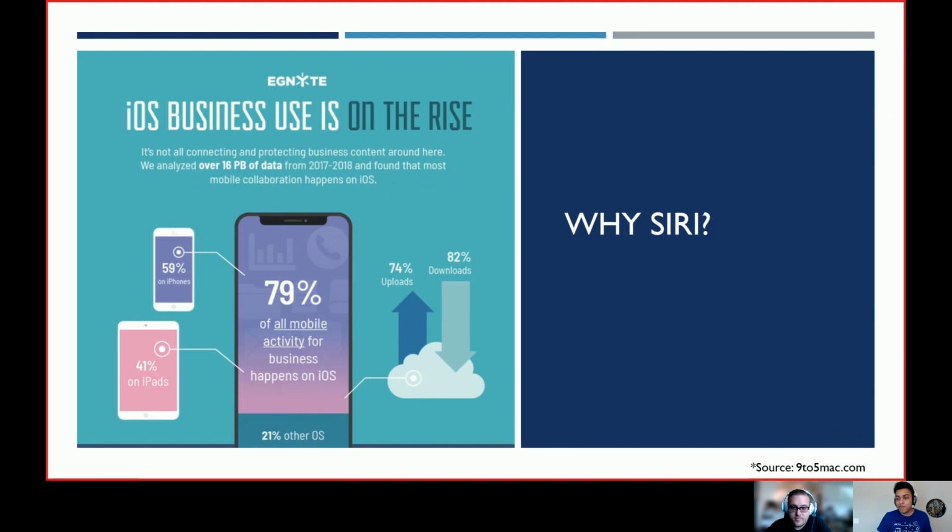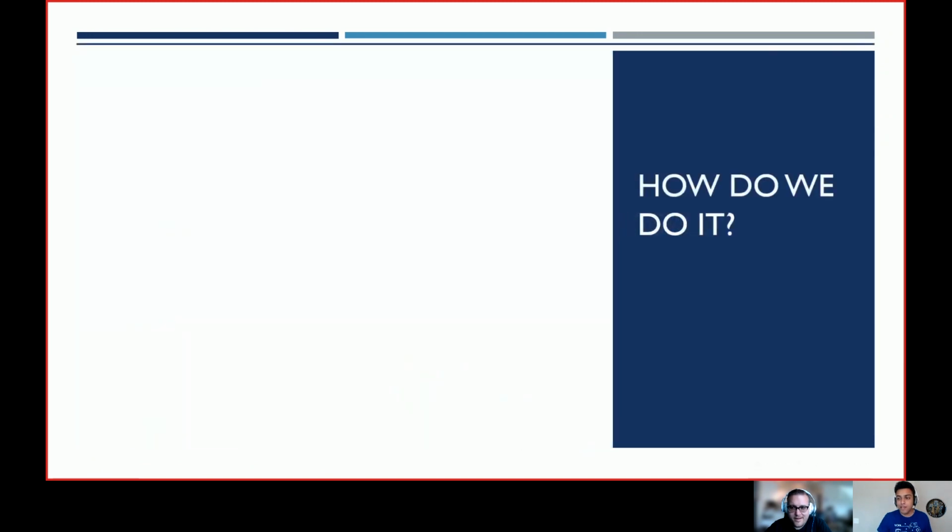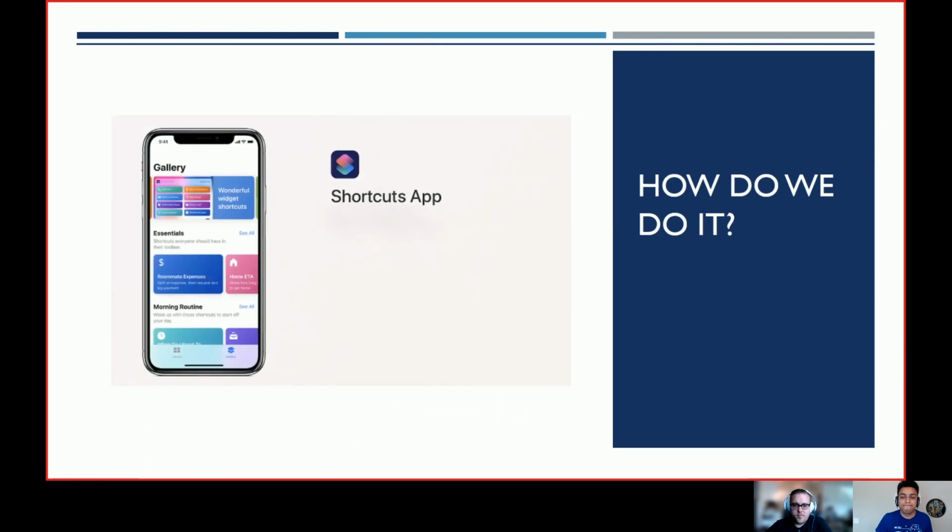So that's why we want to use Siri to trigger flows, so that it makes our life much easier. Heck yeah. So how do we do it? If you have not heard about this yet, the Shortcuts app is something that is there on your iOS. It's been there since iOS 11, and it was called Workflow before this.